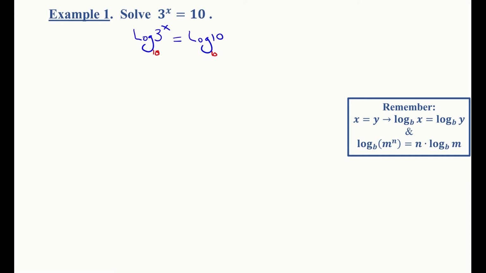So on the left side, we just go ahead and bring the x down using the power rule for logarithms. So we get x times log of 3 equals, now on this side, if you notice, we have log base 10 of 10, which is of course 1, because remember, when you see this, you ask yourself, what number do I raise this base to the power of to get this argument?